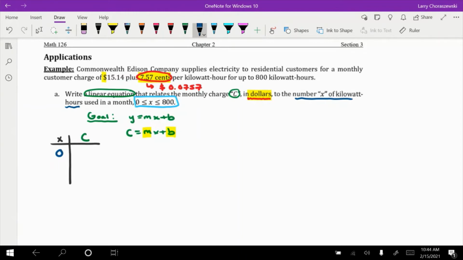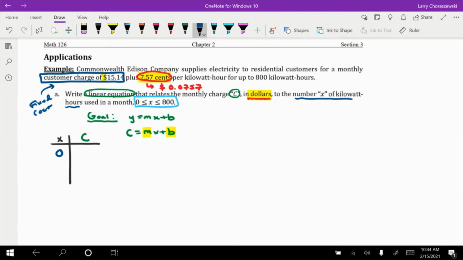$15.14, you got it. So there's this customer charge of $15.14. Well, that's known as a fixed cost. It's kind of like a fee to utilize a company's services. Maybe it helps them keep the lights on. No pun intended there.